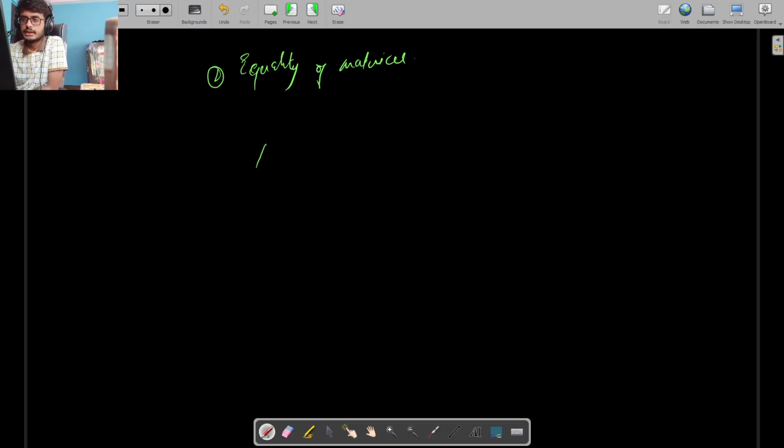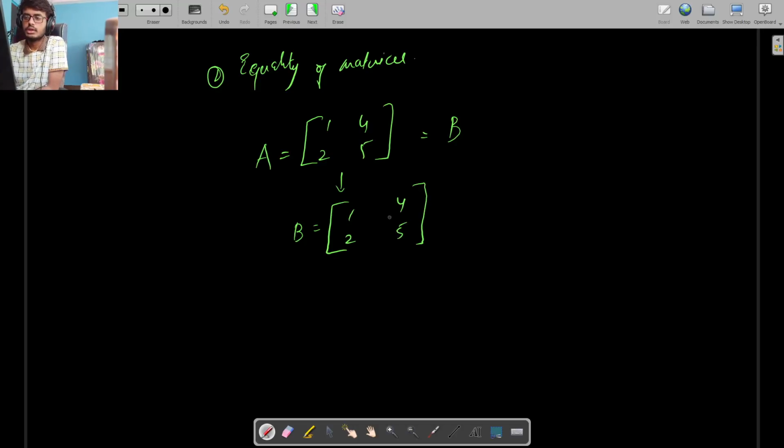Now if I say matrix A is something like 1, 2, 4, 5, and I say that this is equal to a matrix B, then you should always come to the conclusion that matrix B will be exactly the same as matrix A. 1, 4, 2, 5. So if I say some matrix is 1, 4, 2, 5, and that matrix is equal to some matrix B, then by this information you should be clearly confident that matrix B is basically 1, 4, 2, 5.